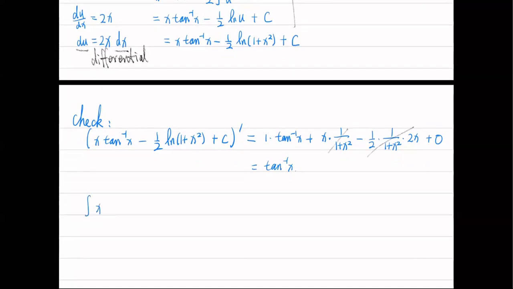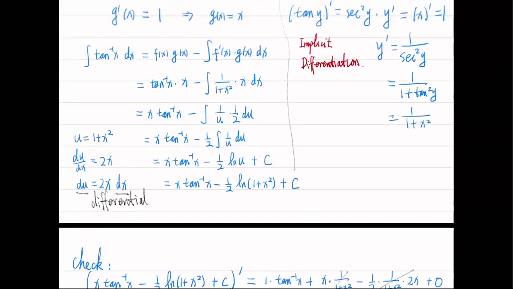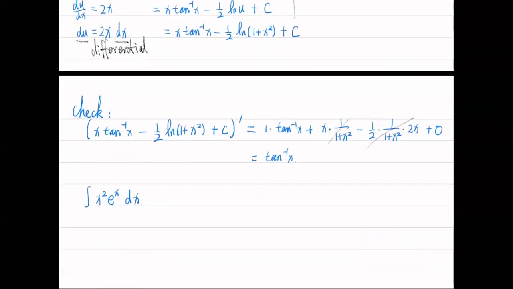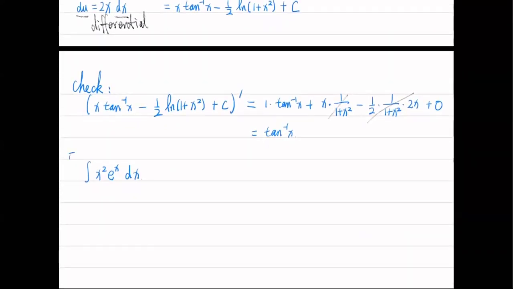x squared e to the x. Okay, let's try this one. Let me choose the number 5. Okay, we want to apply this integration by parts. Sophia, for this one, what is f? What is g?